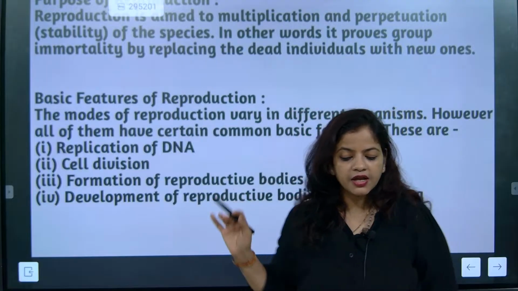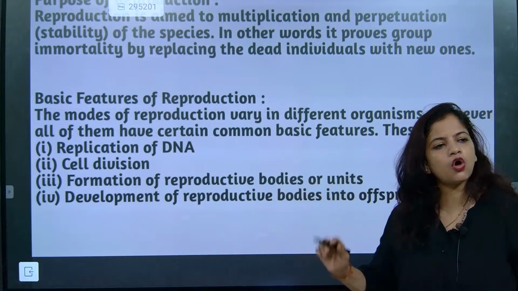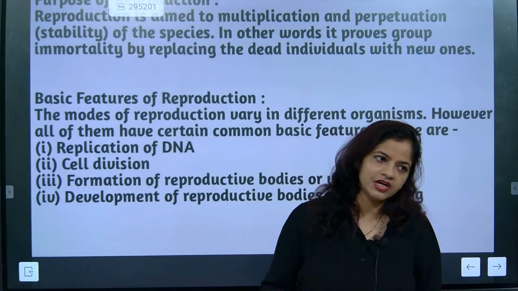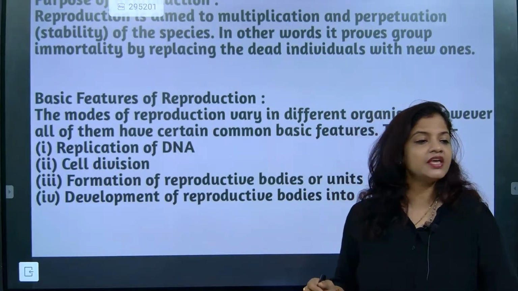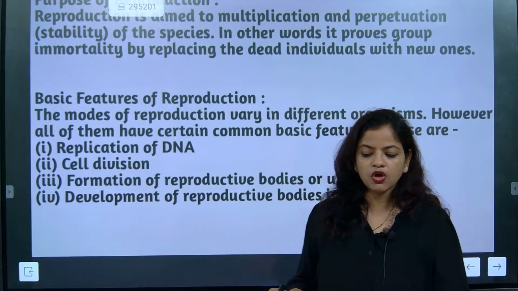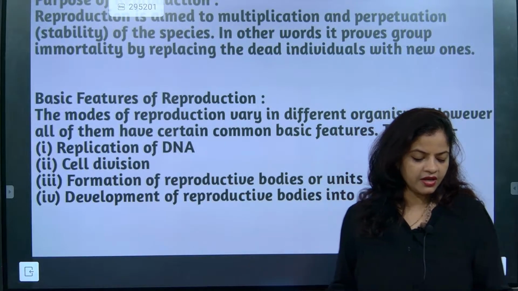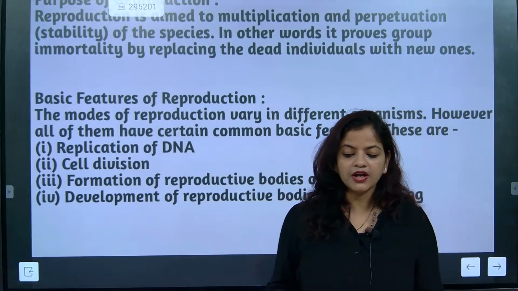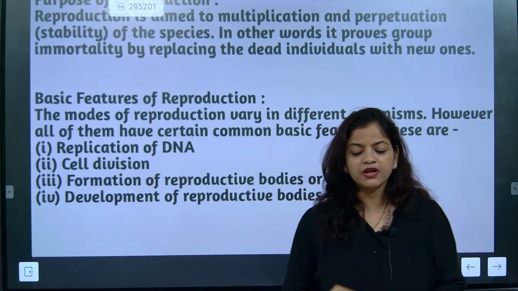First is replication of DNA. That's one of the most important things, and it's common in different types of organisms. It may be unicellular, it may be multicellular, but what is common for reproduction is replication of DNA.